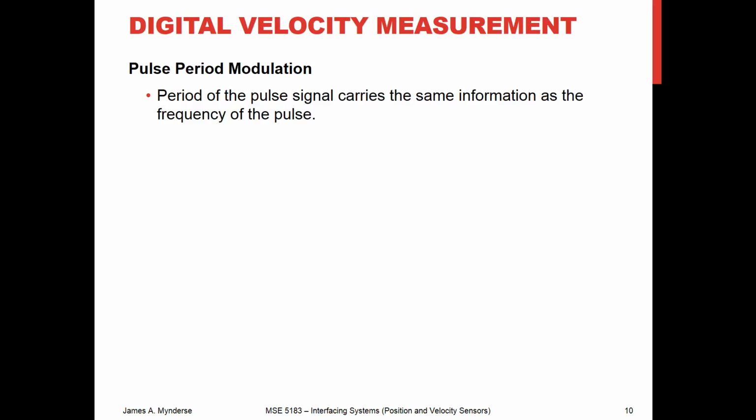So if we're worried about low pulses within that time, we might switch over and worry about using the period instead of the frequency. So in pulse period modulation, we're measuring the period of the pulse, the time between pulses, which is going to have the same information. It's just a different way to approach it.